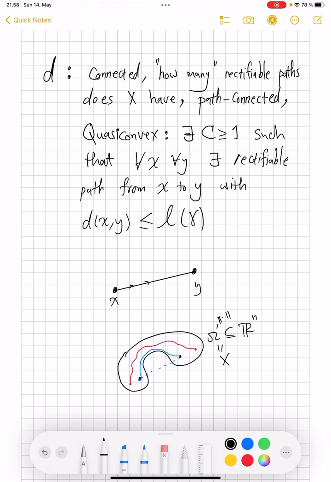This is just by definition of length. But now we say that this is less than c times d(x,y).